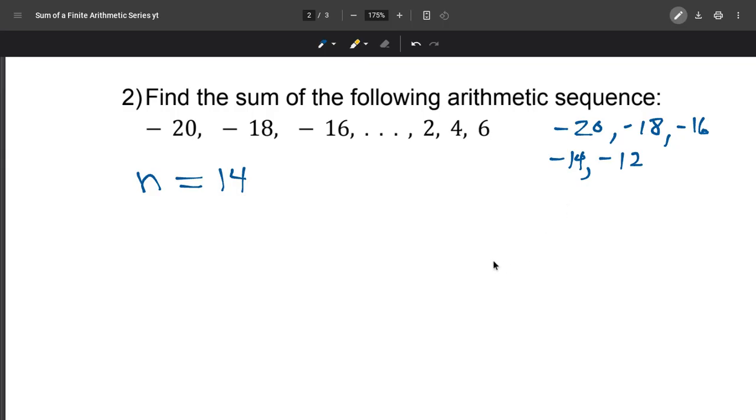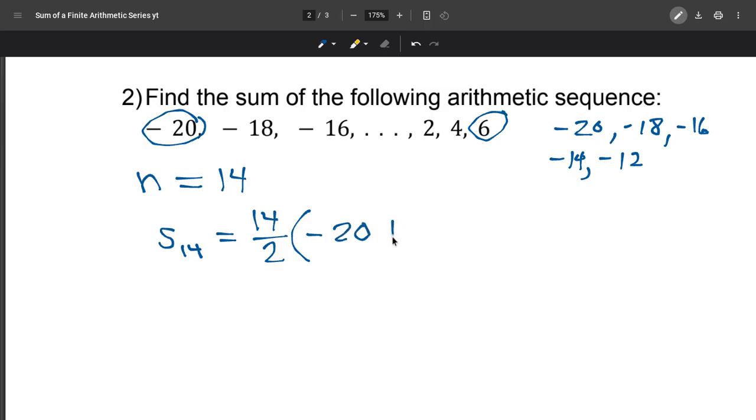Okay, and the first term is negative 20. The last term is positive 6. So we're going to say the sum of these 14 terms equals 14 divided by 2 times the first term, negative 20, plus the last term, 6. 14 divided by 2 is 7.